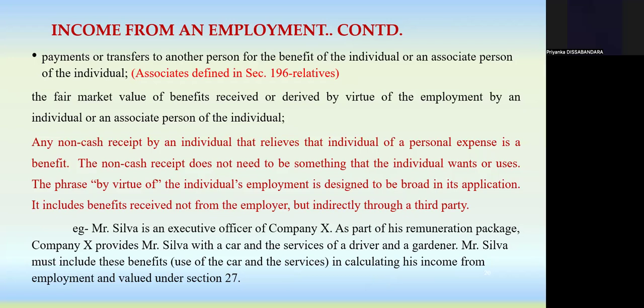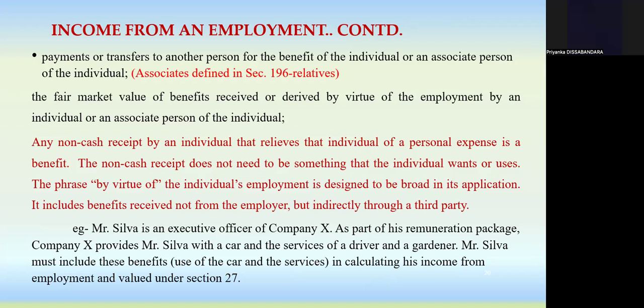So if we receive some benefit from another person for us or our associate persons, since we are an employee under an employer, that kind of income is also a part of the employment income.